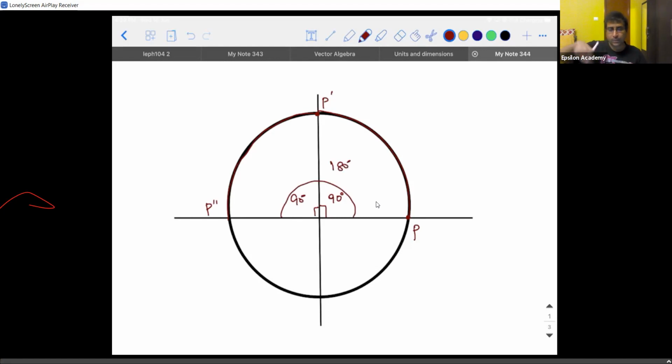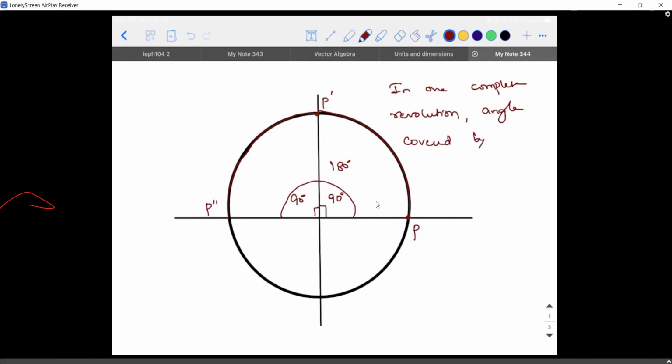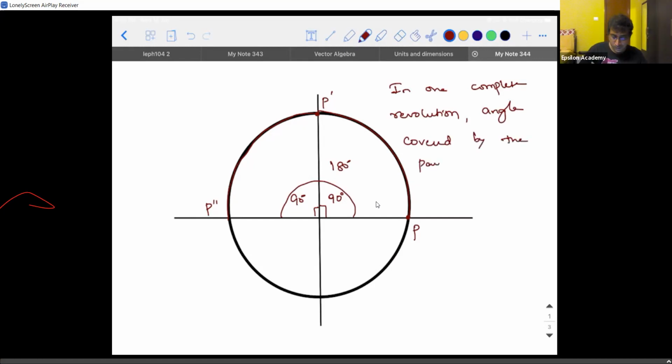In a similar way, there will be a particular point where it will come back to its original position. Right? So, in one complete revolution, how much is the angle covered by it? 360 degrees. The angle covered by the particle is 360 degrees.